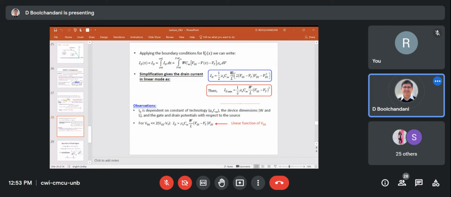ID equals half mu n COX W by L times [2 (VGS minus VT) VDS minus VDS squared].